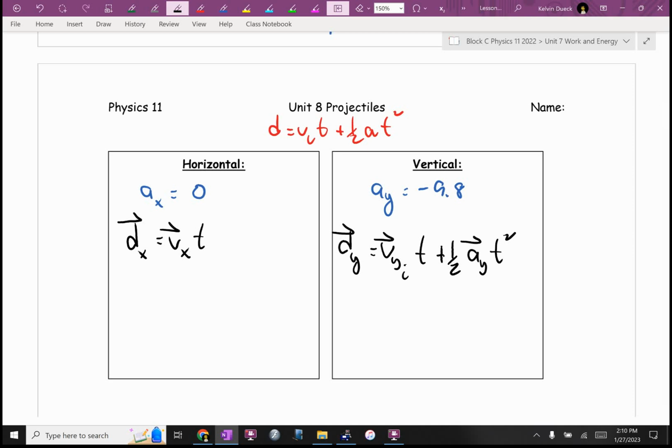Yeah, loud and proud. Look, if A is zero then this V initial is also going to be the V final, is also going to be the V average, is also going to be the V middle, is also going to be the V after 1 second. You know what? I'm too lazy. Vx can go there, initial or final, doesn't matter. Here it matters because we have a changing velocity.